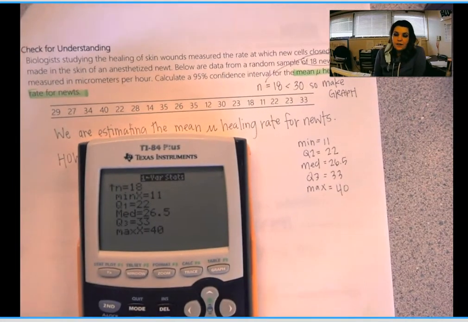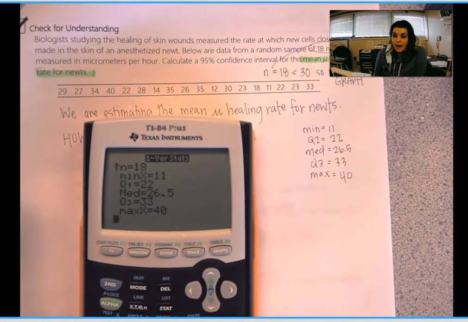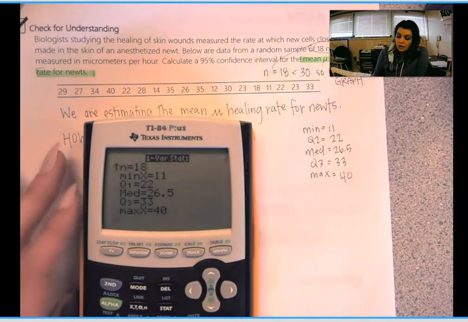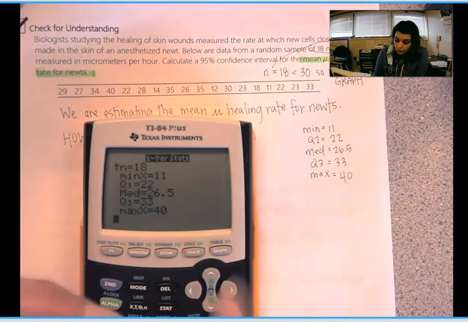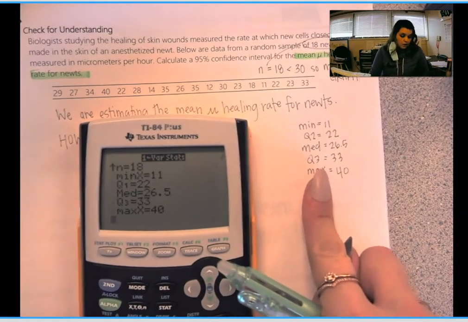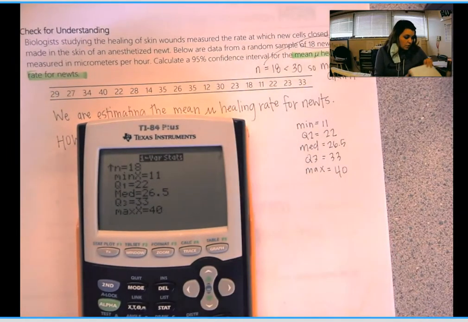I need to verify whether or not there are outliers, though. So I am going to have my calculator graph a box plot because that's going to be the easiest way for me to decide if there are outliers. I'll write the buttons right here underneath my 5-number summary.